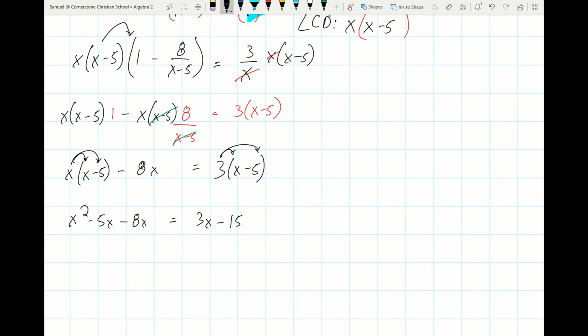Now, I have an x squared, and I have an x in my problem, which means I can't combine those at any time. So that means that I need to move everything to one side, and I will need to factor. So let's go ahead and subtract 3x and add 15 to both sides.